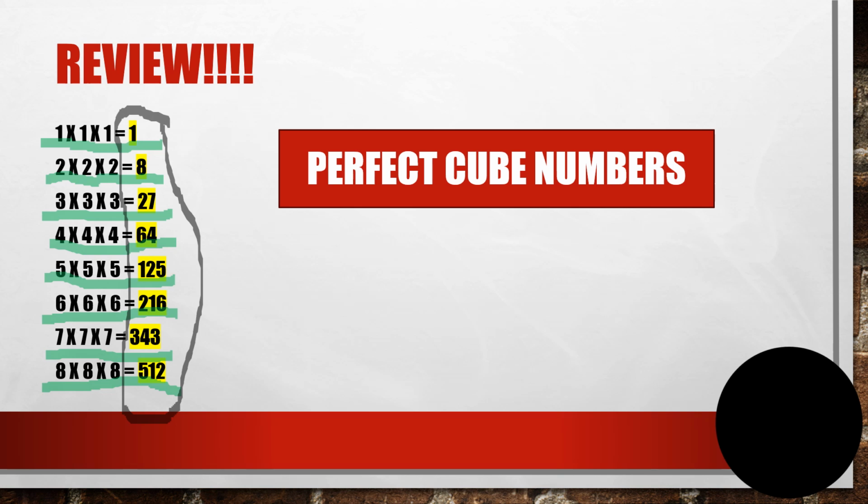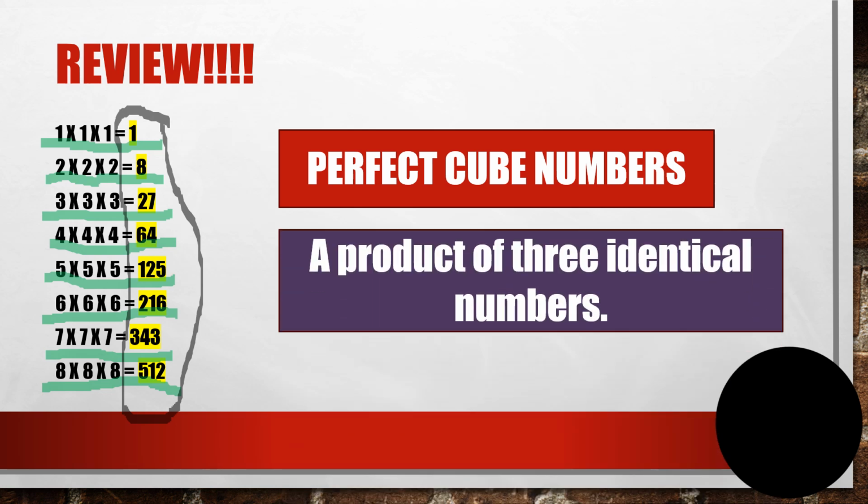A perfect cube number is a product of 3 identical numbers, which means if you have a number, for example 2, you multiply it by itself 3 times, the answer is 8, so the number 8 is a perfect cube number.